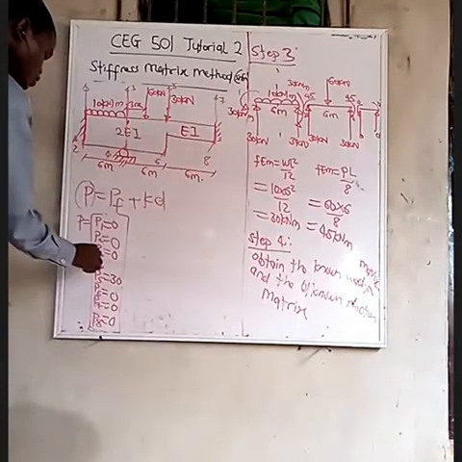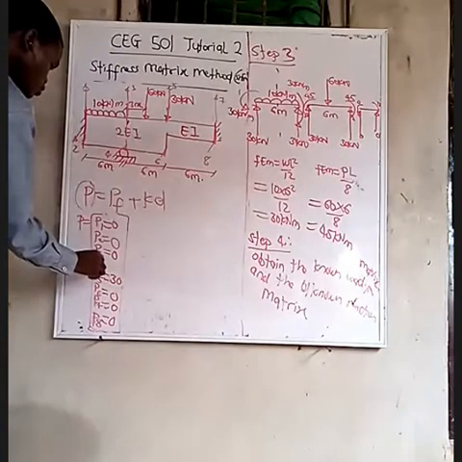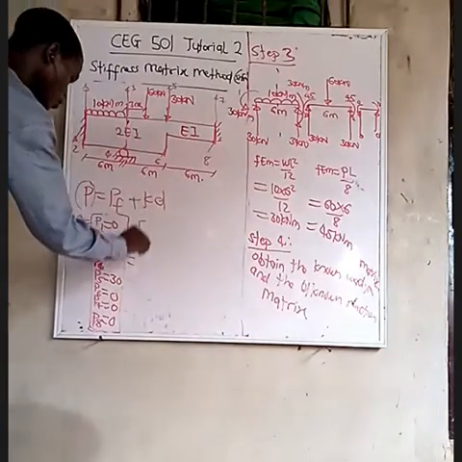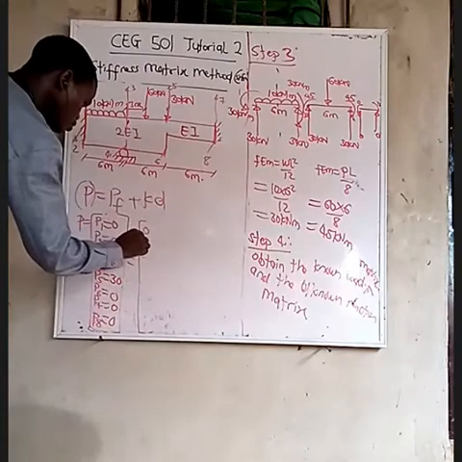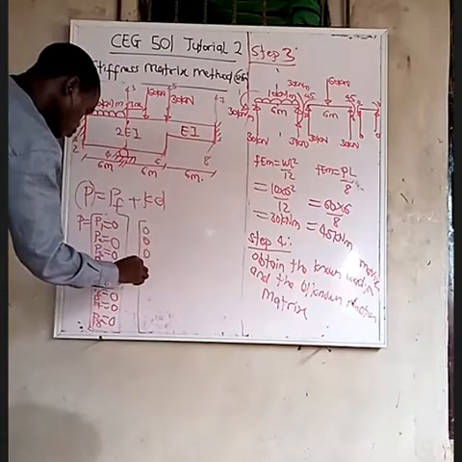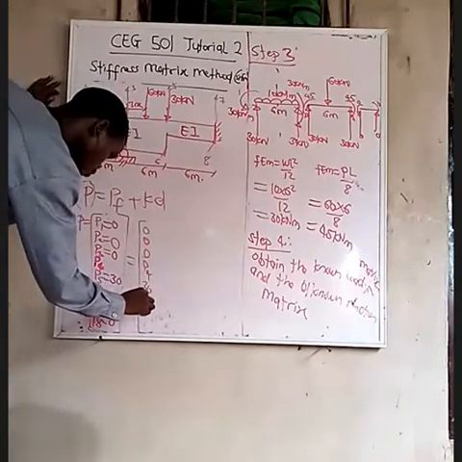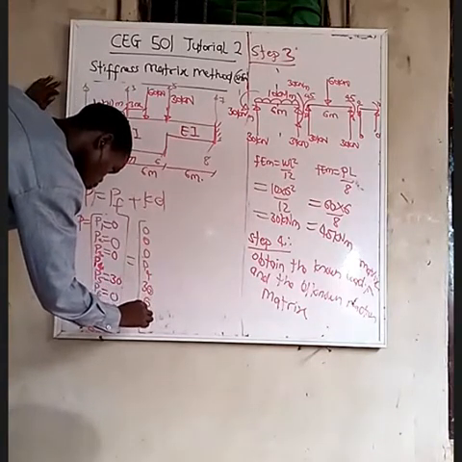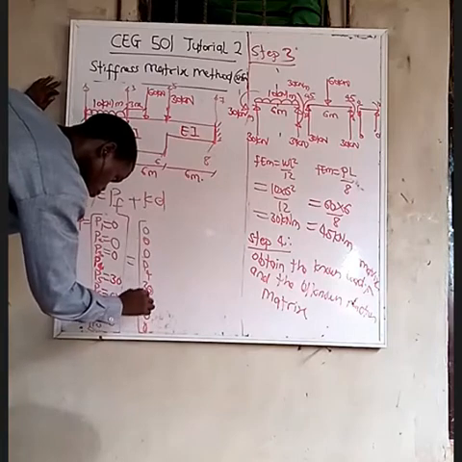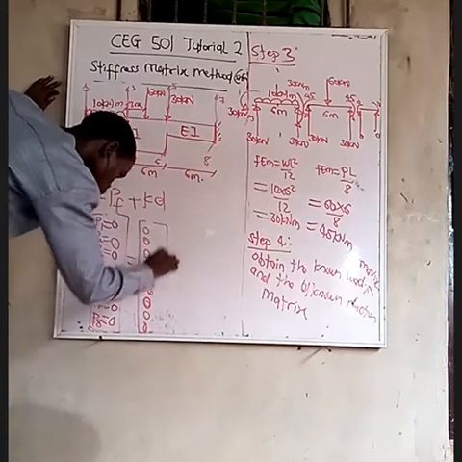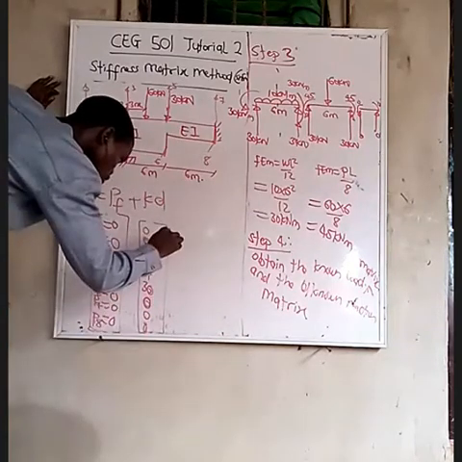P7, 0. P8 is restrained also, 0. So P4 is the only unknown here. So you can just express it as P4, 30, 0, 0, 0. If you are confused about this, ask me a question.